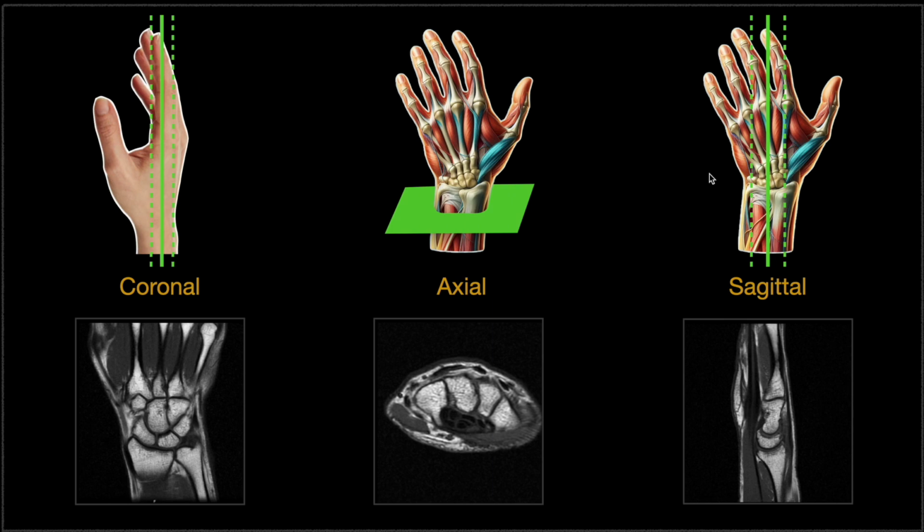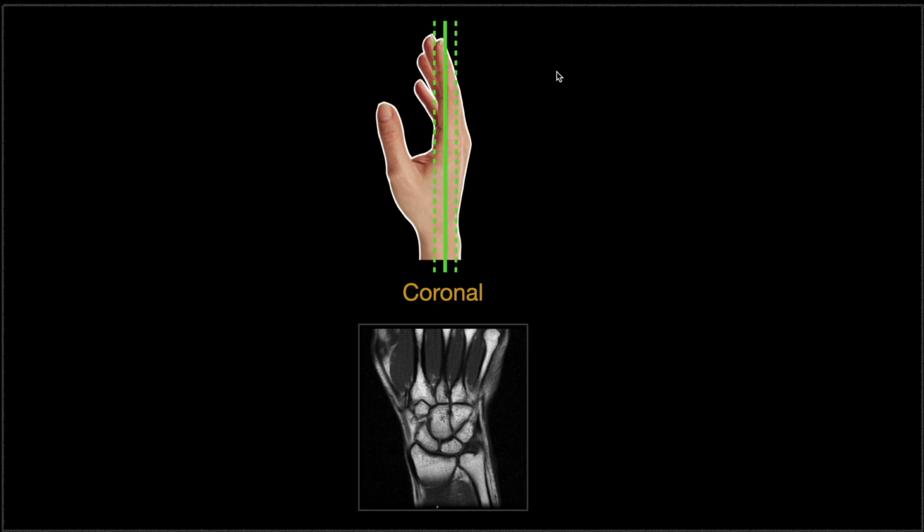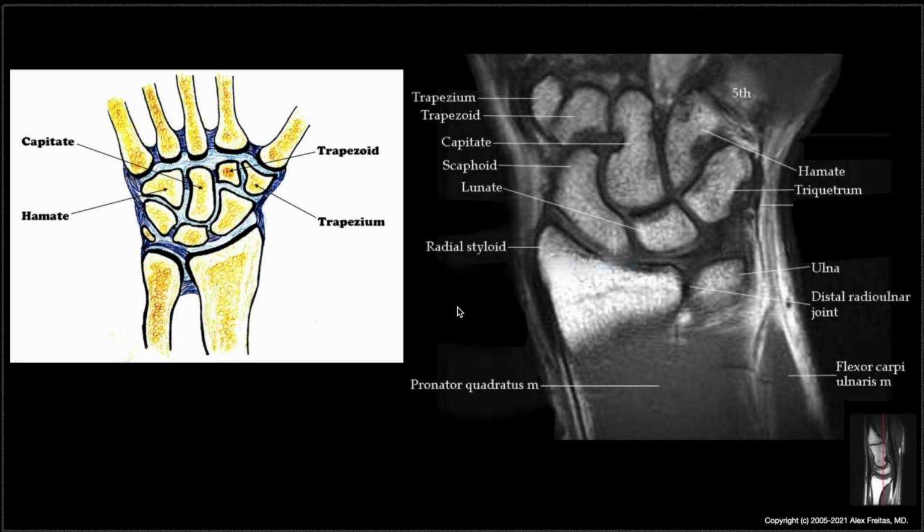Let's start from the coronal plane. Once again, the coronal plane divides the body part into anterior and posterior portions. Let's try to identify the anatomical landmarks. If it was not written anything on the picture, we already can identify what bones we see here. So we see the radius and the ulna.